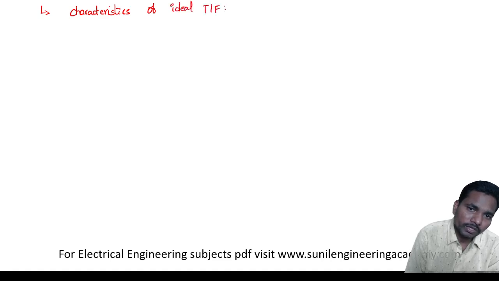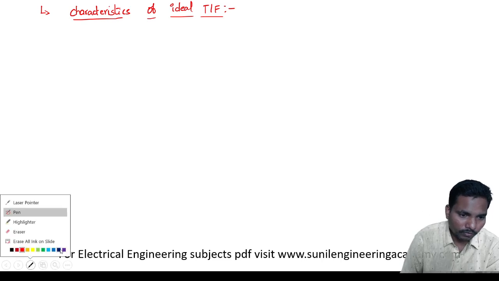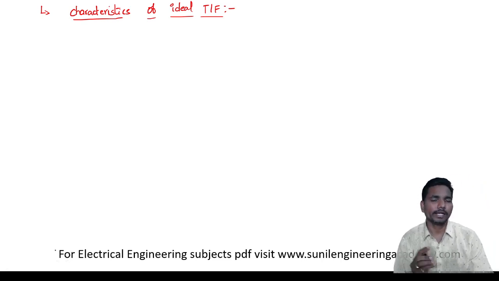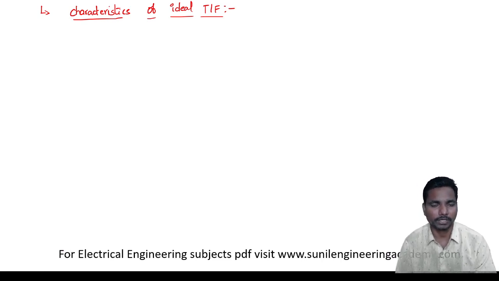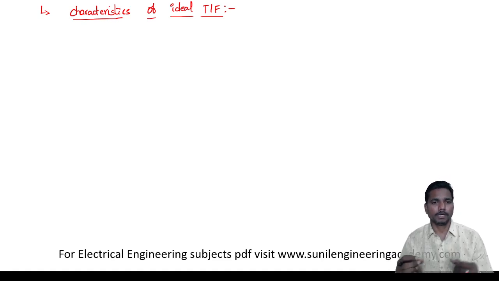In most of the exams they have given one question on this. As you know very well, what is meant by ideal? Ideal is perfect, without any flaws, without any negatives. Only positives. So what are the ideal, perfect characteristics of a transformer?